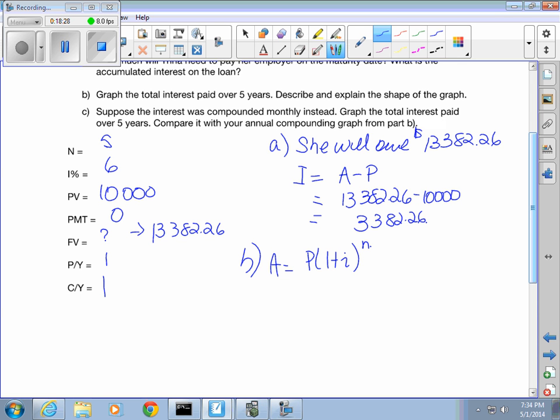So C says, suppose the interest was compounded monthly instead. Graph the total interest paid over 5 years. Compare it with your annual compounding graph from part B. We're not going to compare the graphs, but we are going to compare the interest paid.